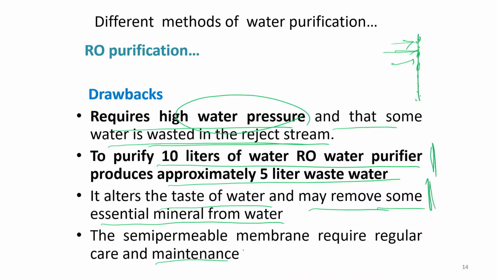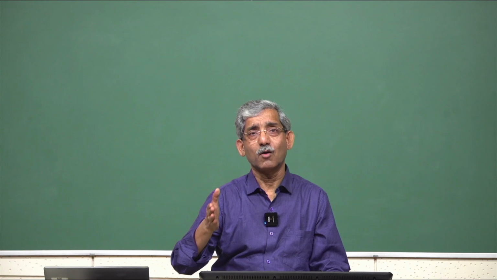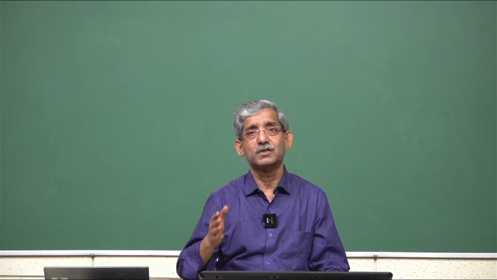So, here proper care has to be there, because this is a very sensitive membrane. It may get damaged with some physical action. So, proper maintenance and care is needed, because the membrane is the main component in any RO system.